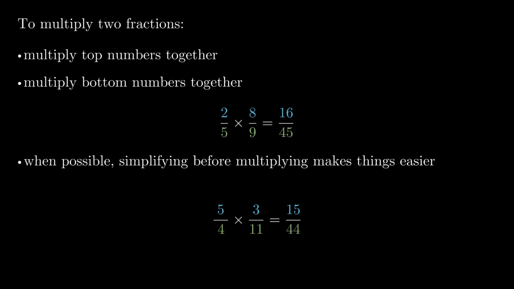Now that makes things a bit easier, right? But if you don't spot it, it just means that you might need to simplify your answer at the end, but it makes things easier because numbers are smaller and it keeps the times tables more contained. So see if you can spot common factors from top and bottom even before you do it, if possible. Okay, if you don't do it though, it's okay. It just means you simplify at the end.